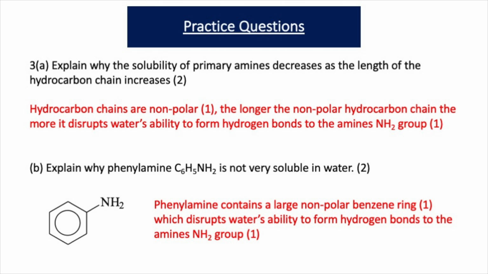There's a mark for that. And then part B is asking you to explain why phenylamine is not very soluble in water, and it's because phenylamine contains a large non-polar benzene ring, 1 mark for saying that, and this disrupts water's ability to form hydrogen bonds to the amine's NH2 group, 1 mark for that.